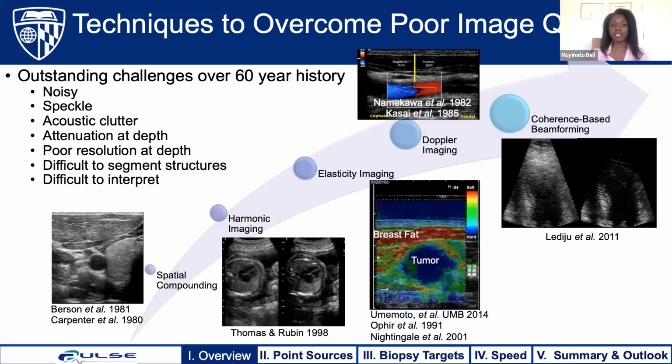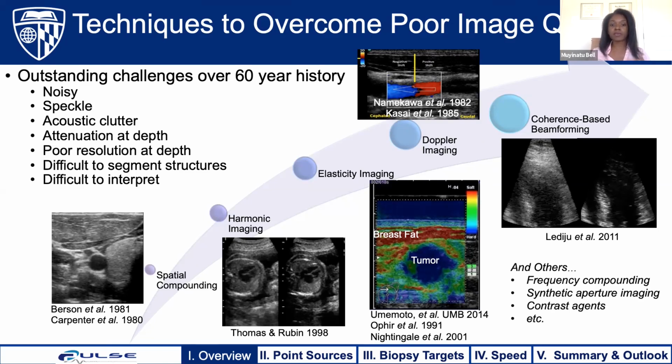We also have elasticity imaging, which allows us to image the stiffness of tumors and could also be an interesting approach to tumor segmentation. And there are other techniques that also exist to provide similar benefits to those summarized here. However, none of the benefits and advances summarized on this slide simultaneously address the long list of outstanding challenges that have persisted in the 60-year history of ultrasound imaging.